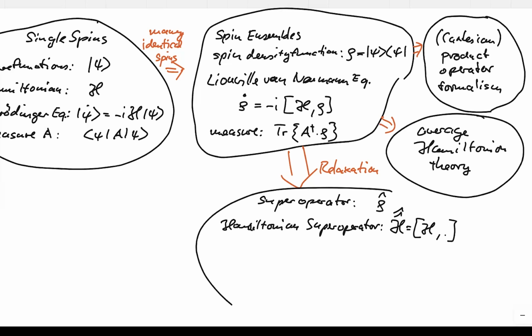So we also will have then the so-called relaxation superoperator, and that is called gamma, for describing relaxation processes.